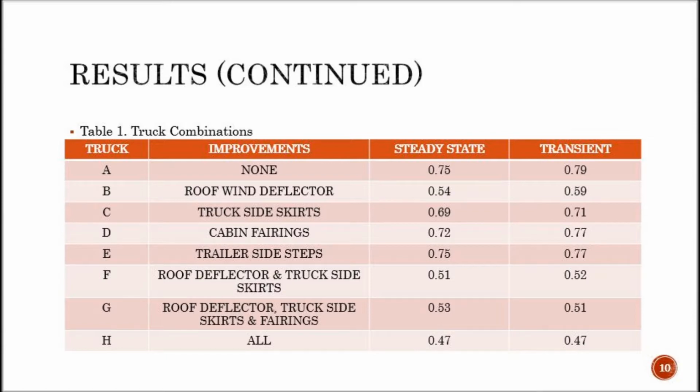The respective drag coefficient improvements over truck A were 29, 10, 3, 3, 34, 35, and 41%. These results are comparable with the steady state results, as most lay within a 5% margin, with the exception of truck B, in which the steady state and transient results vary by approximately 7%.